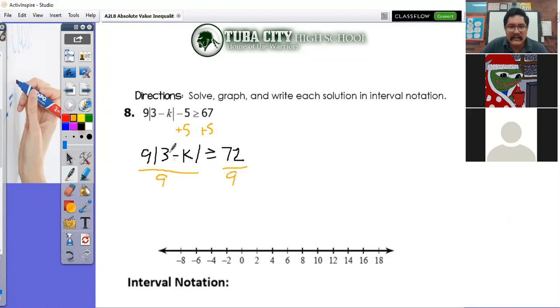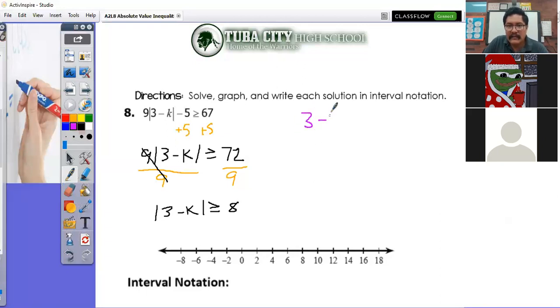And I still got to get that isolated, so that means I'm still going to have to divide both sides by 9. So that way I get 3 minus k, absolute value. And 72 divided by 9 is going to be 8. There you go. Now that it's isolated, I can go ahead and break it into my cases.